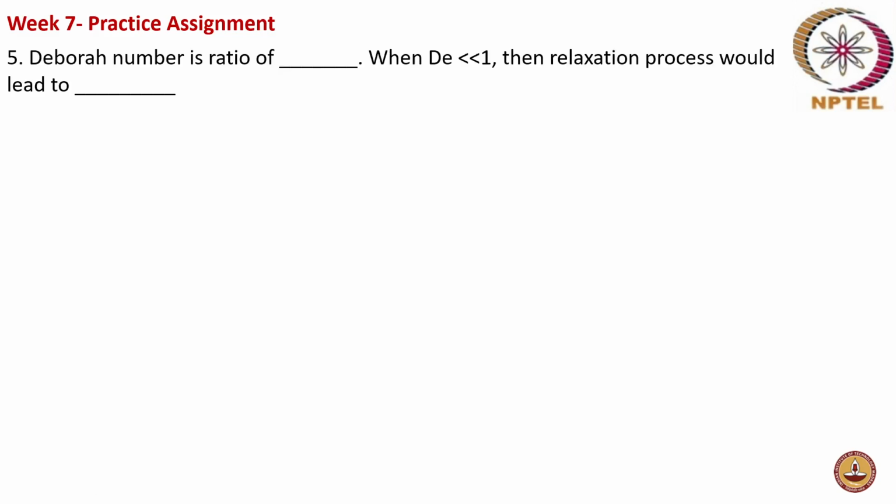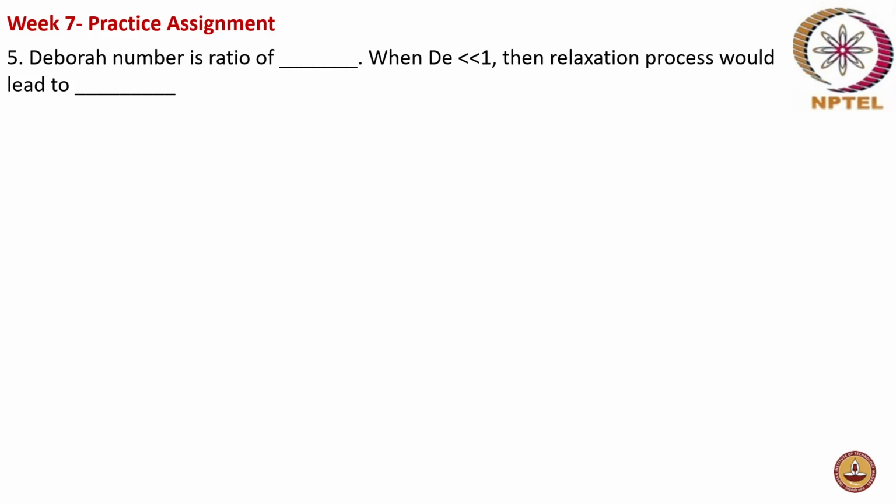Deborah number is the ratio of dash, and when Deborah number is very much less than 1, then the relaxation process would lead to dash. Is it the ratio of time scale of interest to experimental time? When Deborah number is less than 1, it leads to dissipation of energy.